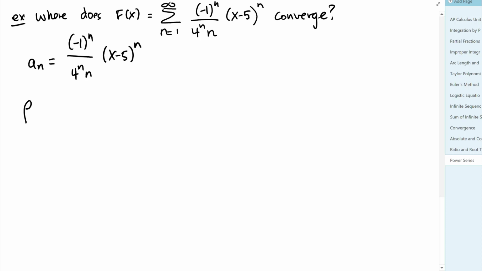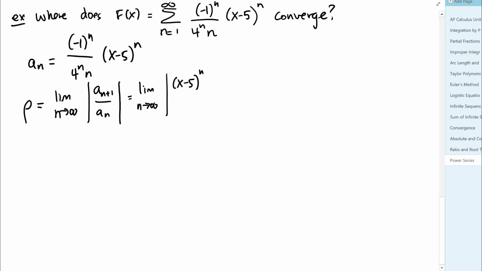And then we find our ratio test, the limit as n goes to infinity of the absolute value of a sub n plus 1 over a sub n. Now I get (x minus 5) to the n plus 1 over 4 to the n plus 1 times (n plus 1), and then I multiply by 4 to the n times n over (x minus 5) to the n.